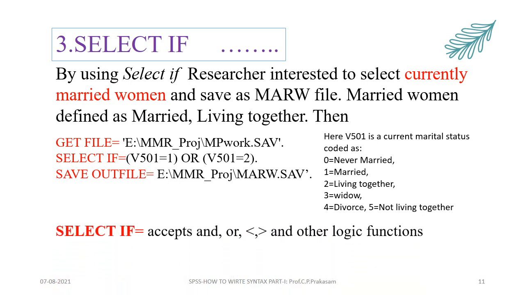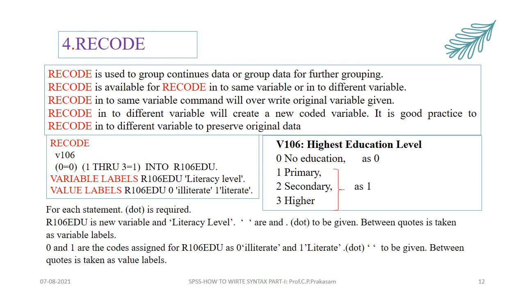And here SELECT IF accepts all mathematical functions or logic functions such as and, or, less than, greater than and other logic functions. Here another important thing is the recoding of variables. Recode is used to group continuous data or grouped data for further grouping.